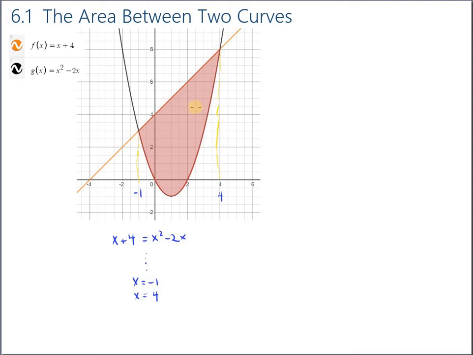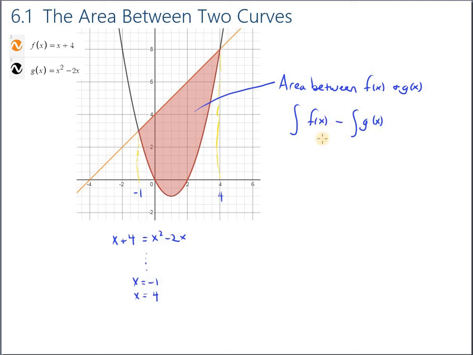So when we talk about the area between the curves, if you want the area between f of x and g of x in general, you would be talking about the area under f of x minus the area under g of x.